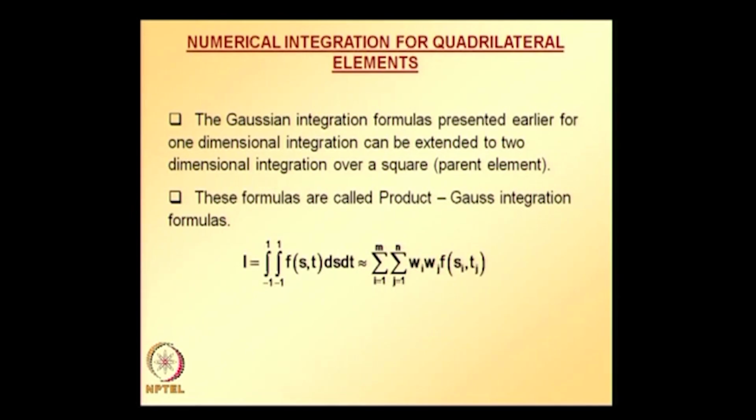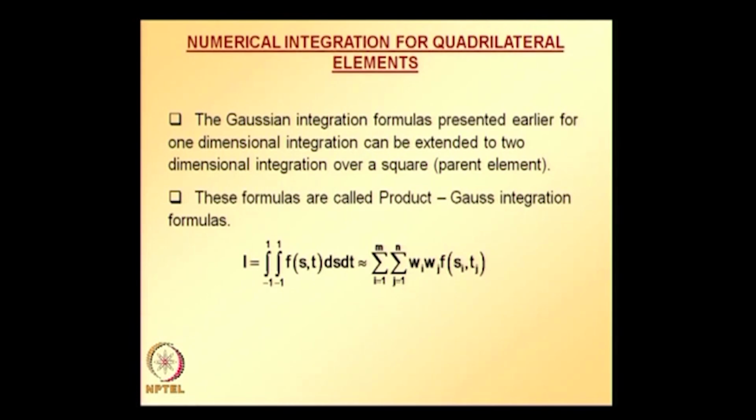and basically this is how we will be evaluating. In the 2 dimensional case, I is equal to the double integral from minus 1 to 1, minus 1 to 1, of f as a function of S and T, dS dT.